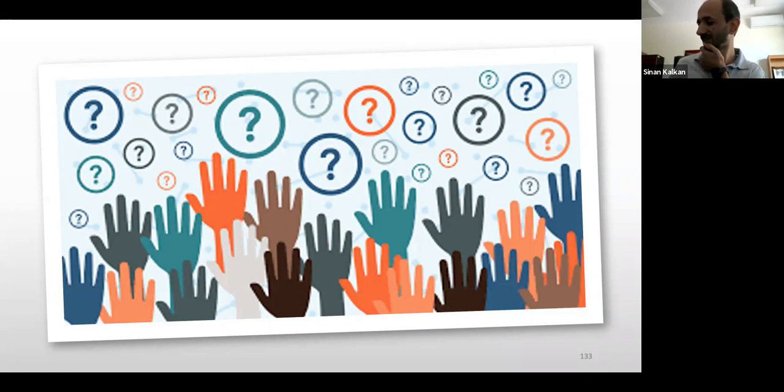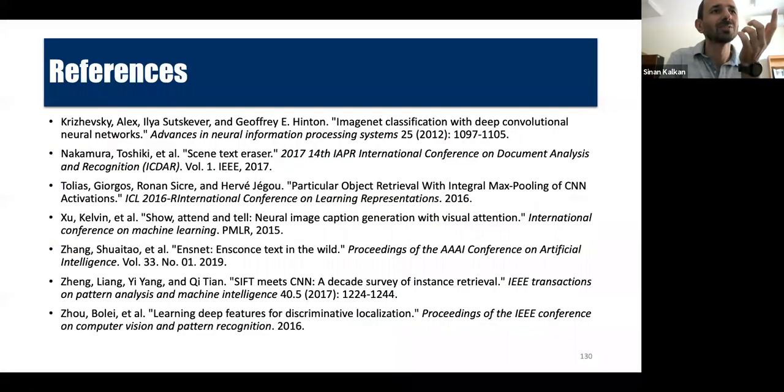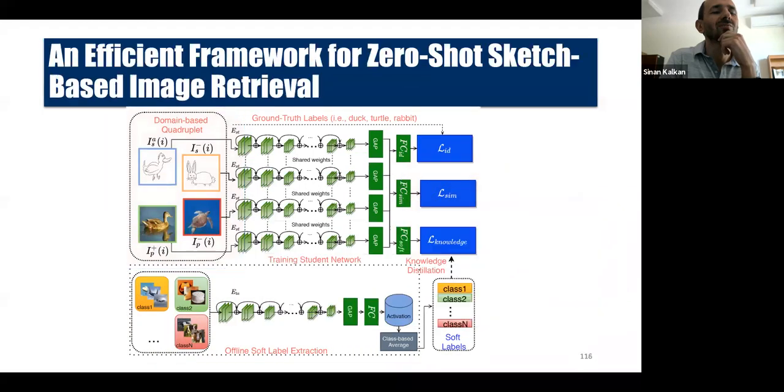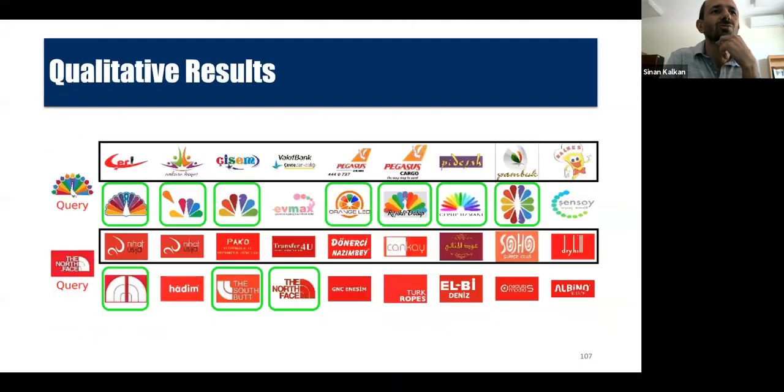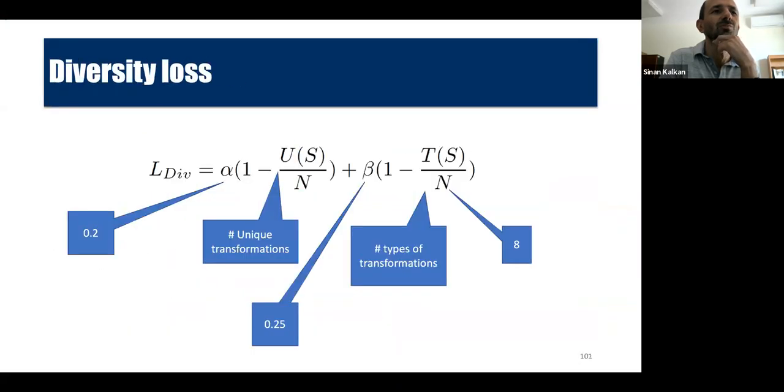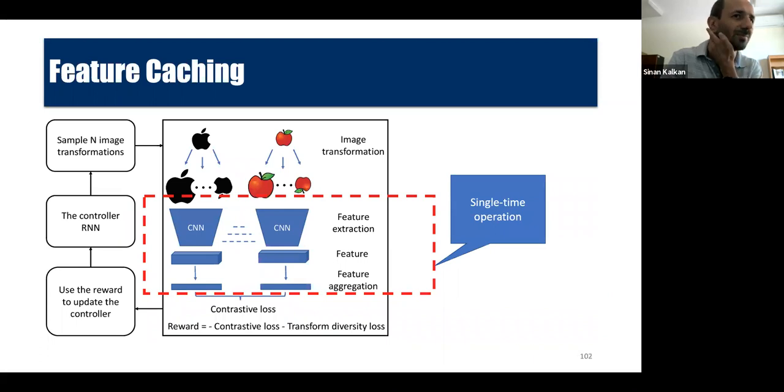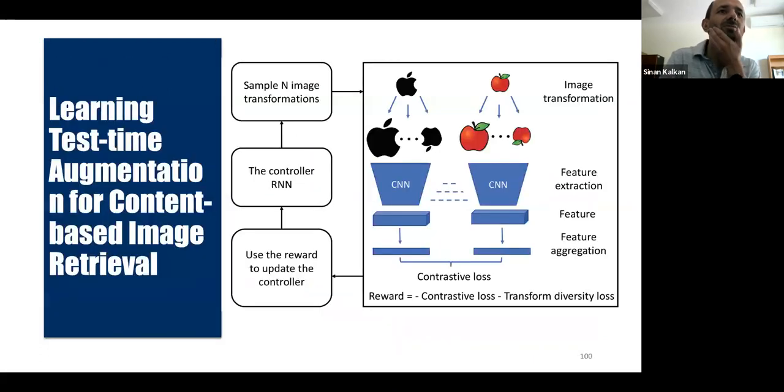Okay, maybe I can start. So the learnable test time augmentation, in the slides I don't remember seeing a comparison with standard augmentation. Can you comment on that? How much improvement did you obtain over standard augmentation?